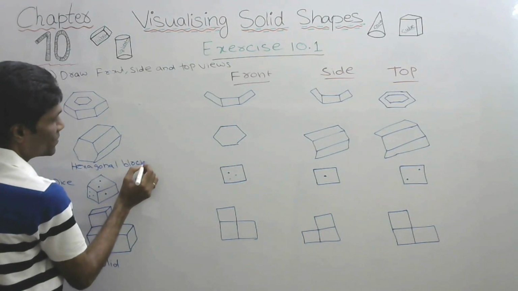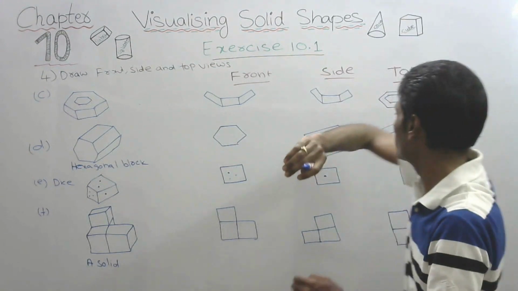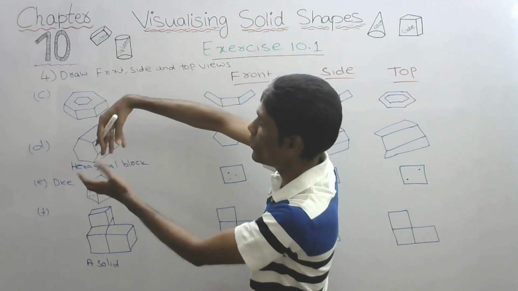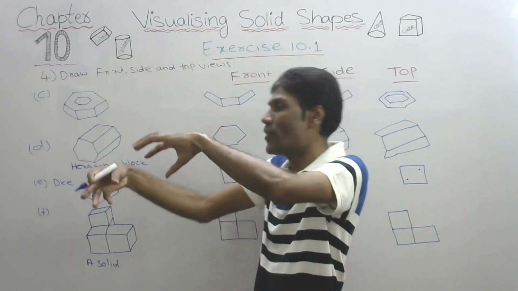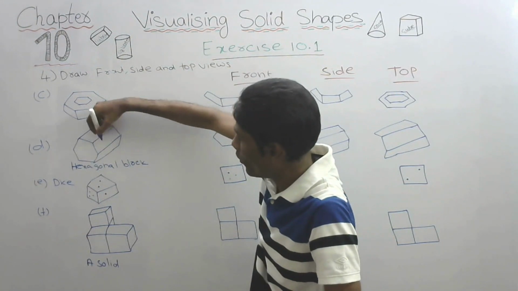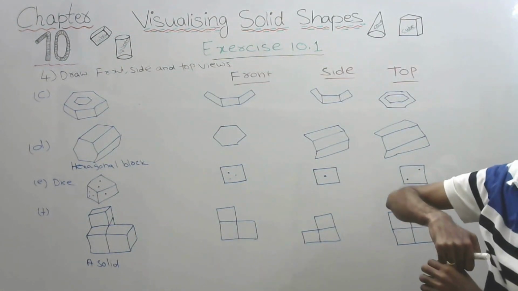From the side it will look like this. And when you see from the top, that is, if you put it like this, and when you see from the top side, all these 3 foldings, these we can able to see. This is the top view.